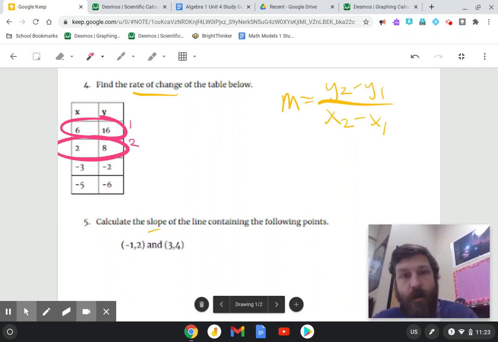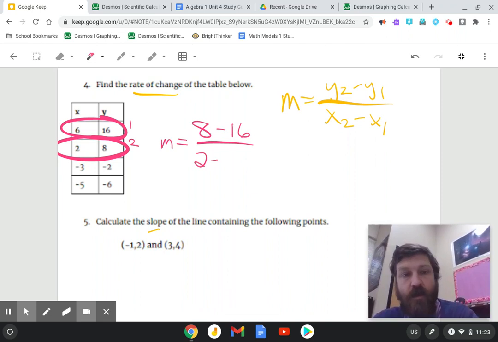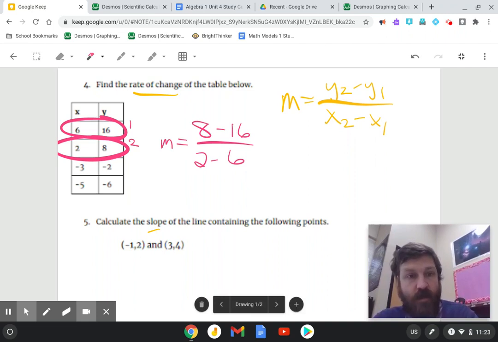So at the top of the equation, we're going to do y2, which is 8 minus 16 divided by 2 minus 6. So this became our x2, y2 here, and x1, y1 here.